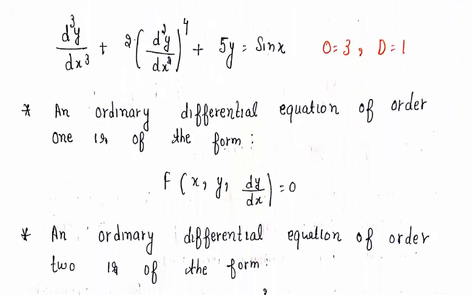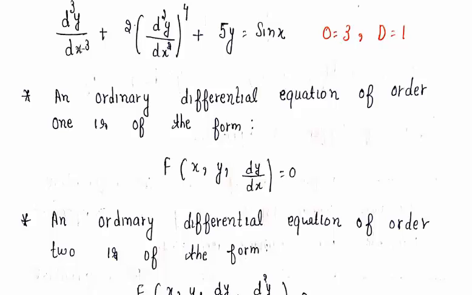Now we discuss one more example, d cube y over dx cube plus 2 d square y over dx square raised to power 4 plus 5y equals sin x. So we have derivatives of order 3 and order 2. The highest is 3, therefore the order of the differential equation is 3, and the power of this is 1, so degree is 1.